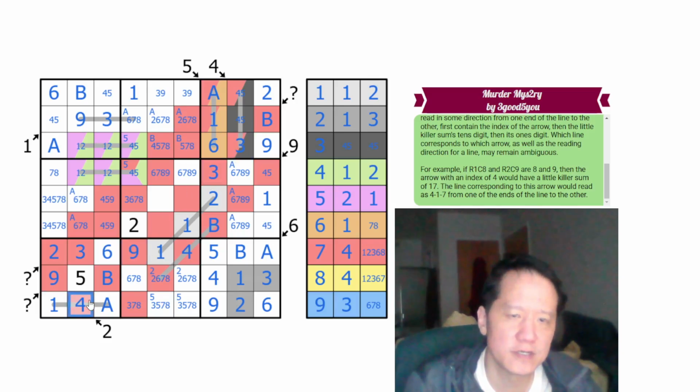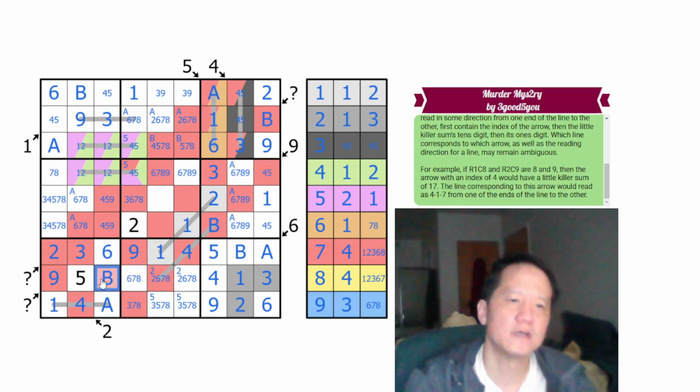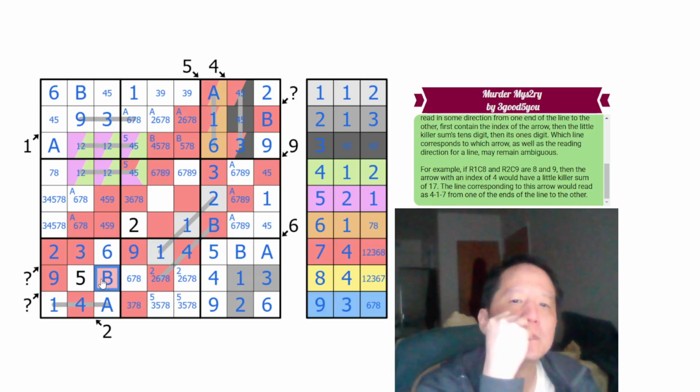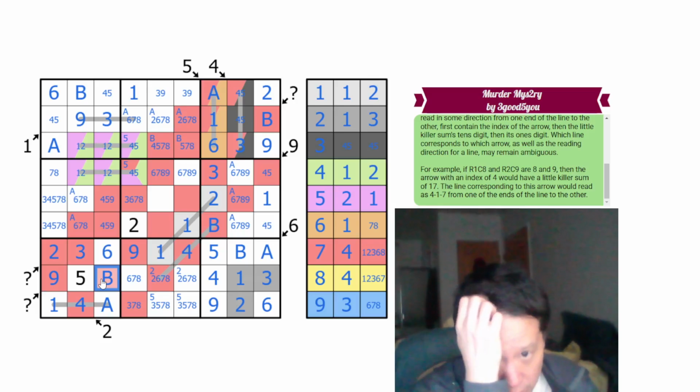This is 36. 36 plus, if B is 8... If it's 7, it's 50 at most. If it's 8, it's 52 at most, but that still gives us a decent amount of leeway.